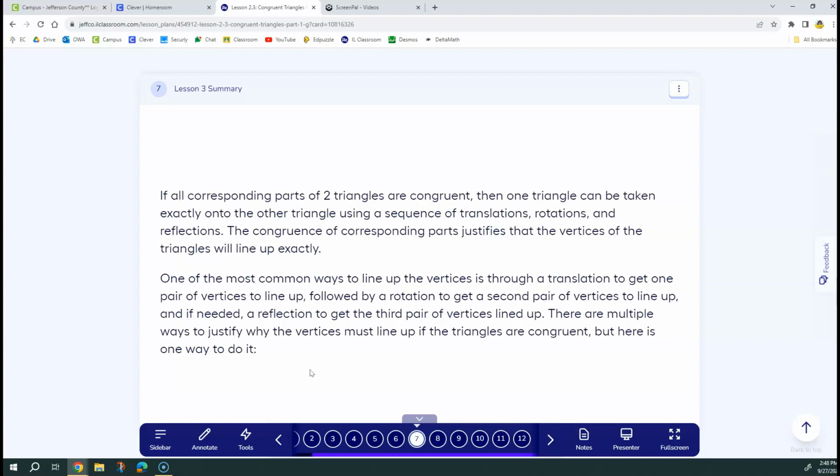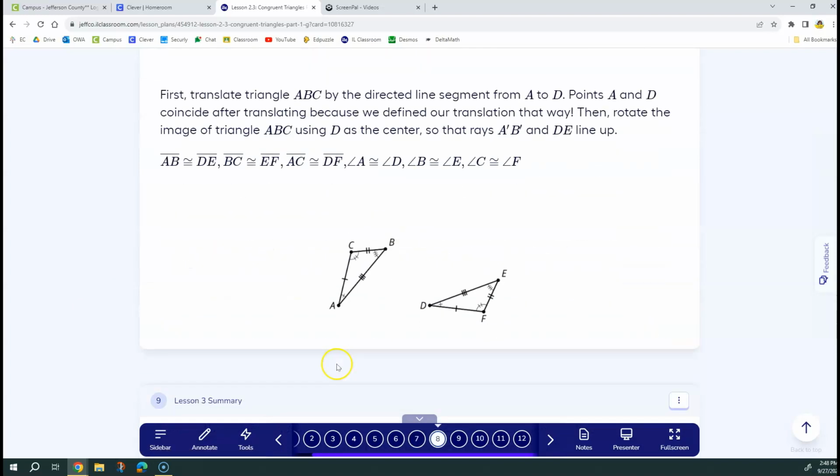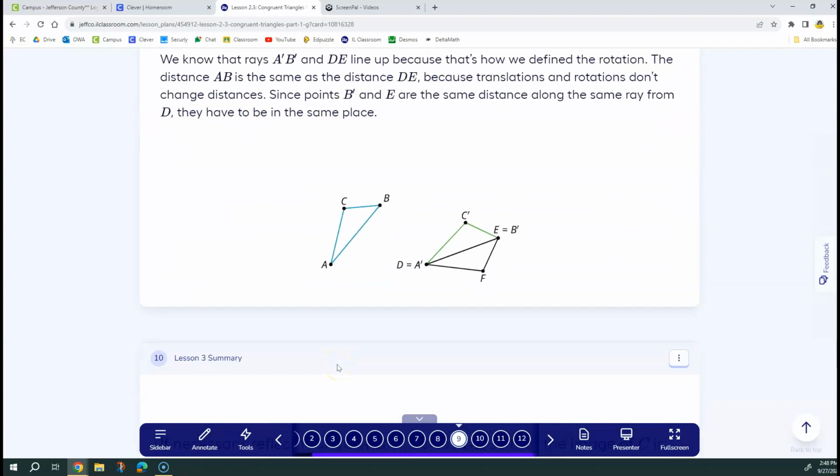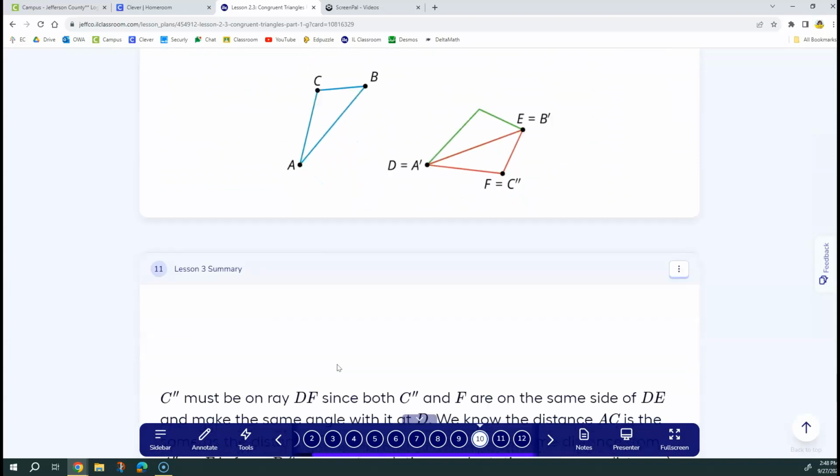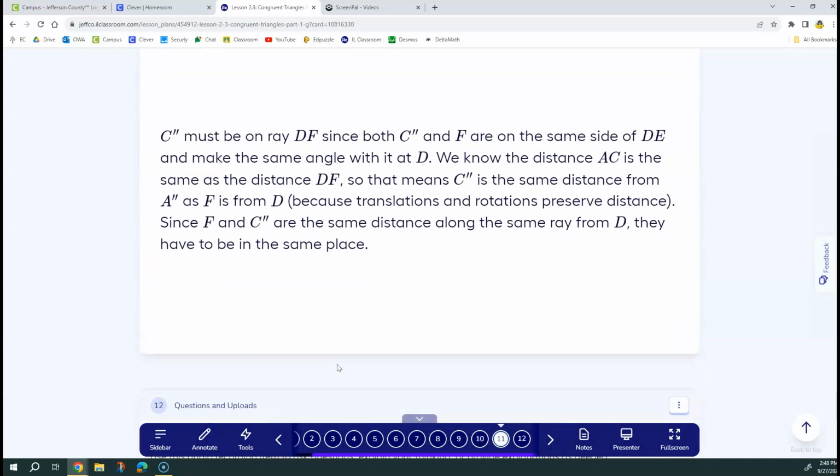If the corresponding parts are congruent, they stay congruent whether you rotate, reflect, or translate. One of the most common ways to line up vertices is a translation to get one pair to line up, followed by a rotation and or a reflection. There are multiple ways to justify why they line up. So there's all the logic and why these actually do line up, because they are congruent.